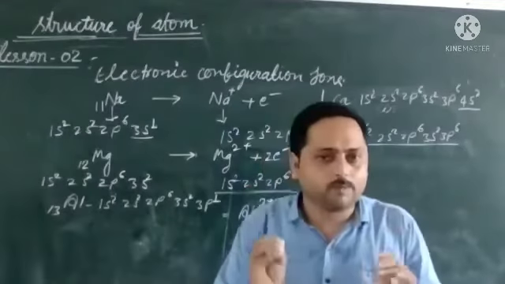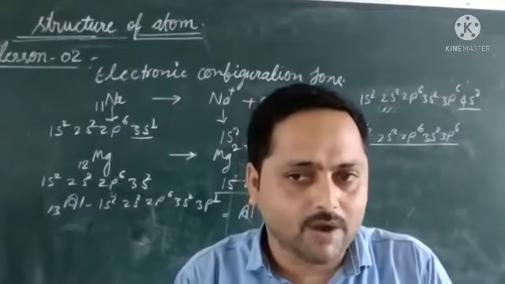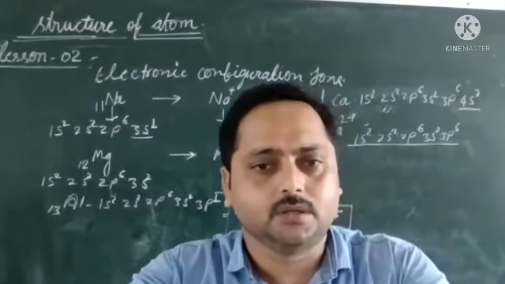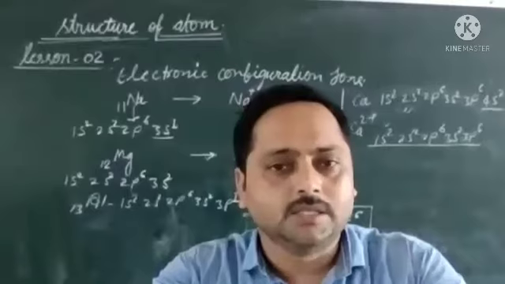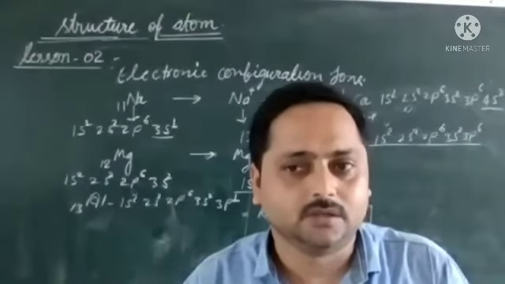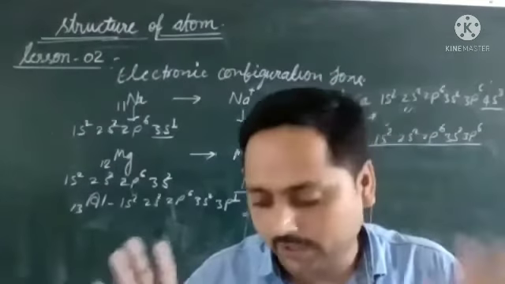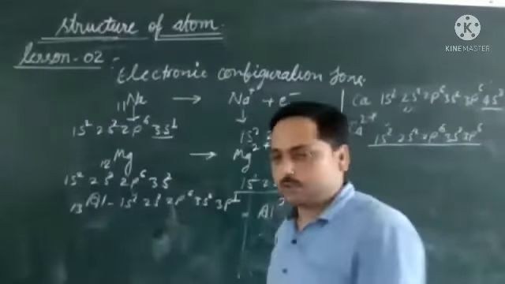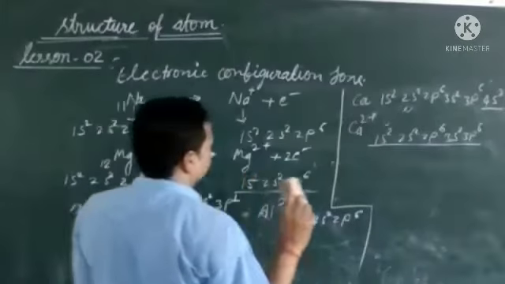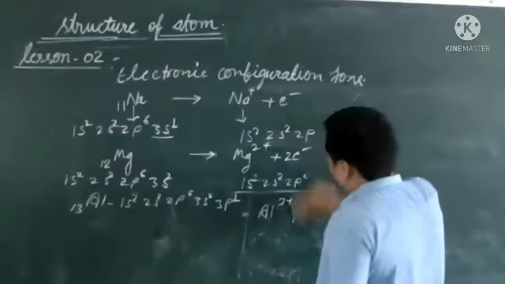If some of you have doubt, please ask. Just say yes or no. No, sir. So I am going to give you some questions and you have to write the electronic configuration of ions.